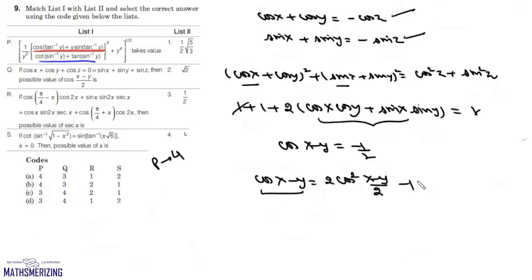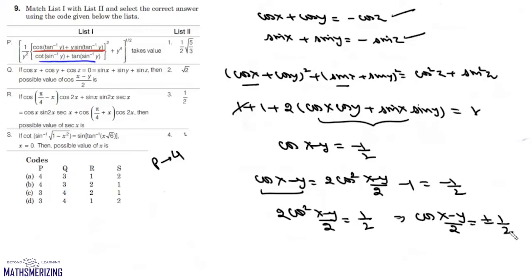Now the value of cos (x minus y) is nothing but minus 1 by 2. So from here we can write 2 cos square (x minus y) by 2 will be 1 by 2, or cos (x minus y) by 2 will be plus or minus 1 by 2, which matches with option 3. So Q matches with 3.